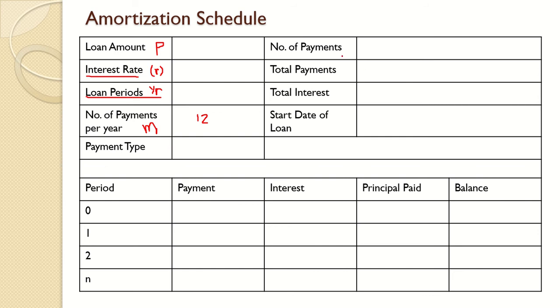Then the number of payments. This is the total number of payments, which is equal to the number of payments per year times the loan period. This is in terms of years, so this will be our N. Let me just write here.